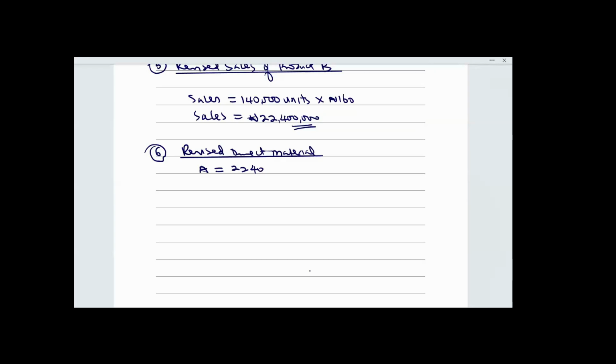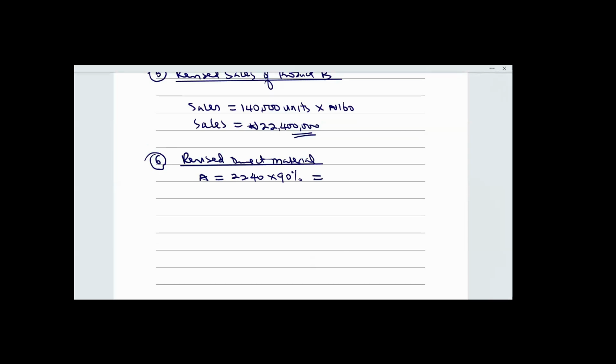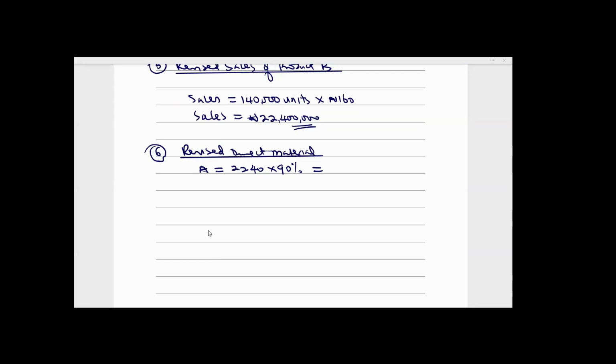That means we are supposed to account for 90%. Multiply by 90%. If you like, you can say 100 minus 10%. You are still saying the same thing. So 2240 multiplied by 0.9 equals 2016.